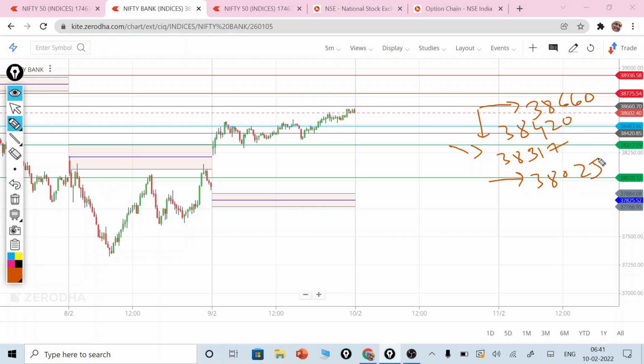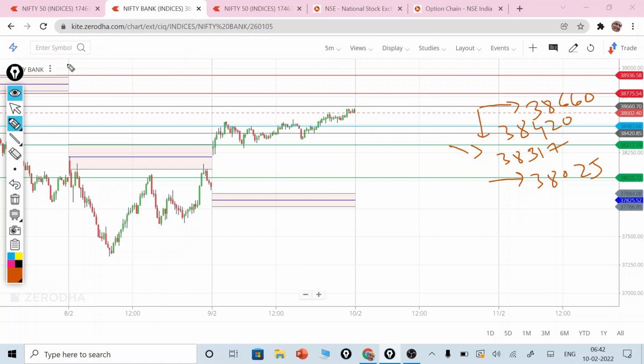If it opens higher at around 38,775 and sustains, you can buy it for a target of 38,936, and if it opens above 38,936, then also you can go long, because two resistances are there at 38,775 and 38,936. So that is the strategy for Bank Nifty today, and Bank Nifty is going to be volatile because of the RBI decision. Keep your stop losses in order.